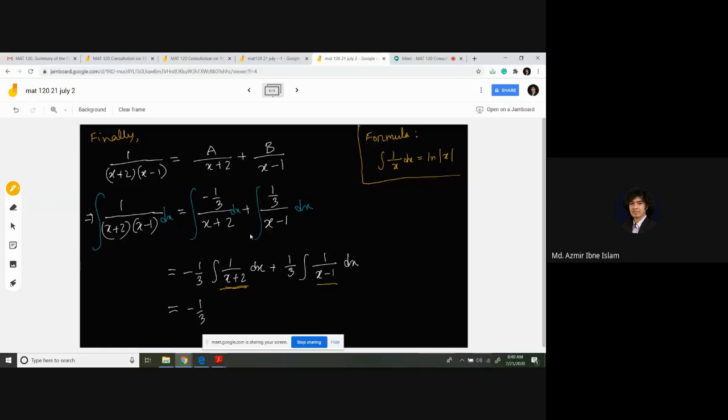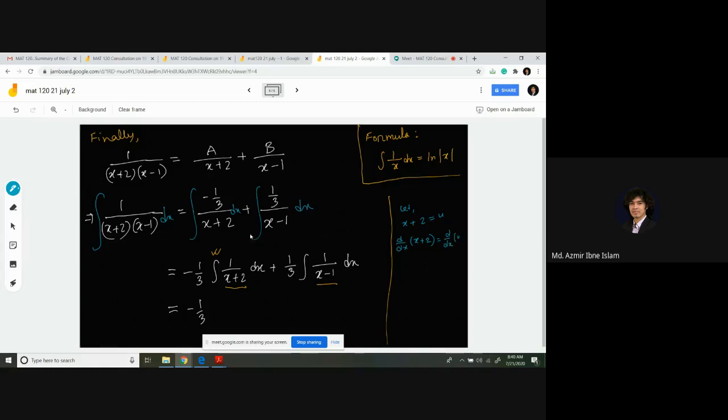We can solve these problems by using the u-substitution method. For the first integral, we can consider x plus 2 as u. Whatever term you are considering, the second step will be differentiation. That is the process of the substitution method.